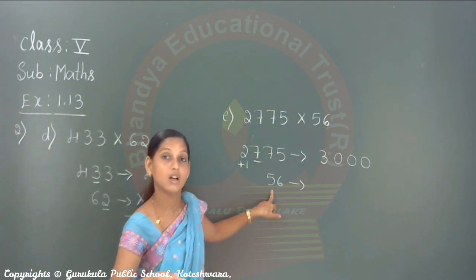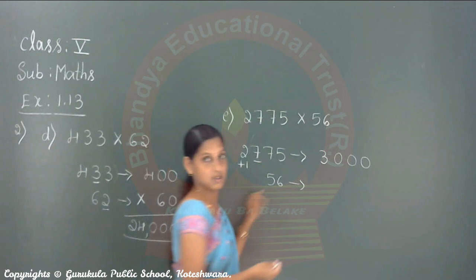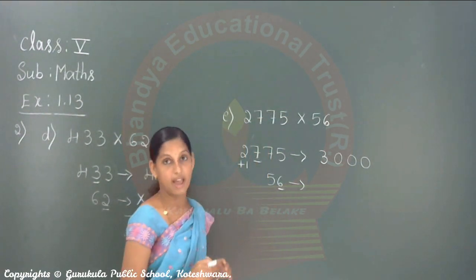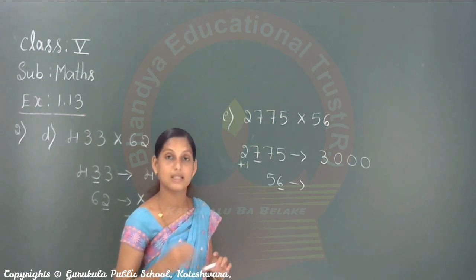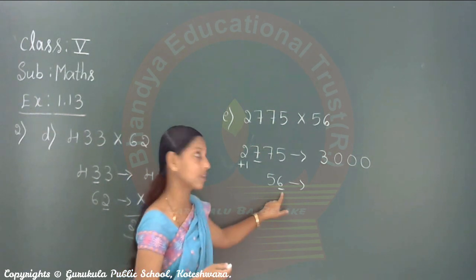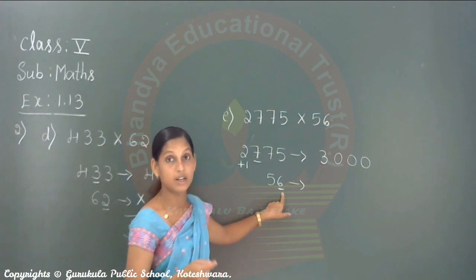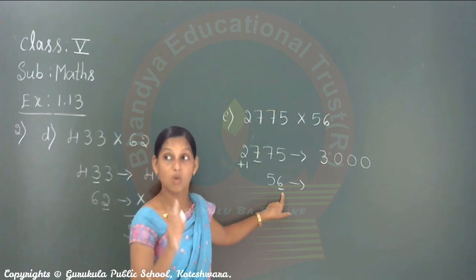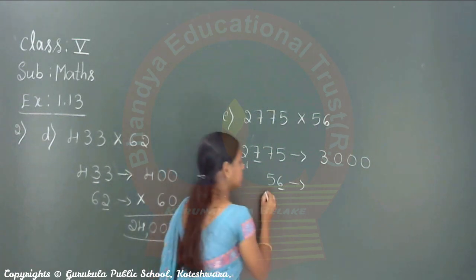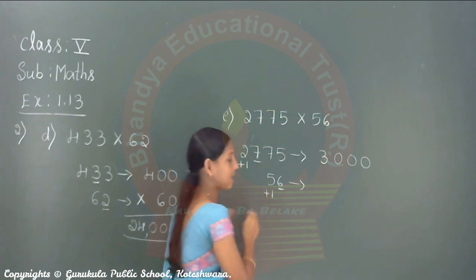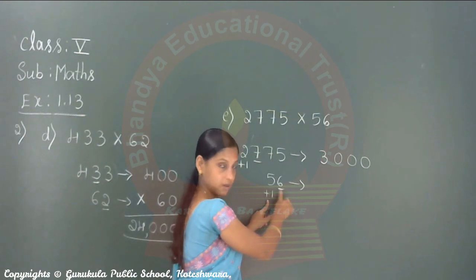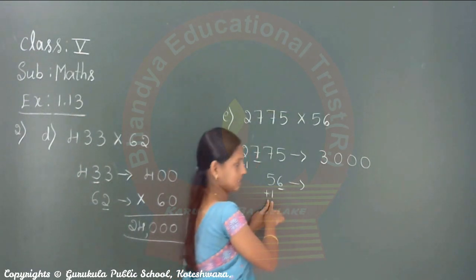We have to see the ones place. It is less than 5 or more than 5? 6 is more than 5. More than 5 means add 1 to the tens place and make the other digit 0. 5 plus 1 is 6.